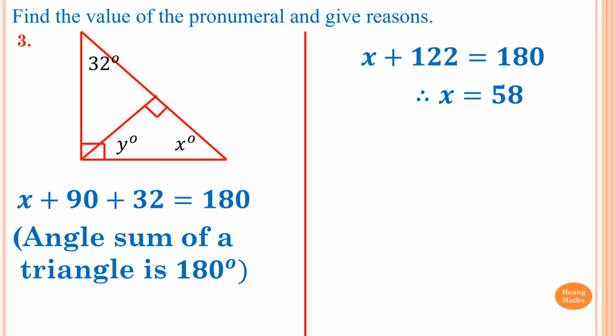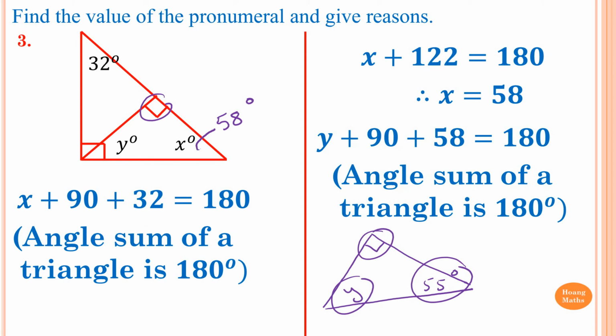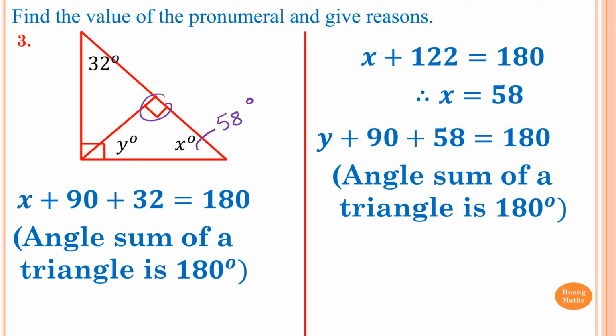Now that we know x is 58, I just write here 58 degrees. And then this is 90. And then to find y, angle sum of a triangle is 180 degrees. So now we just collect like terms. So 90 plus 58. So 90 plus 60 is 150. Less 2 is 148.